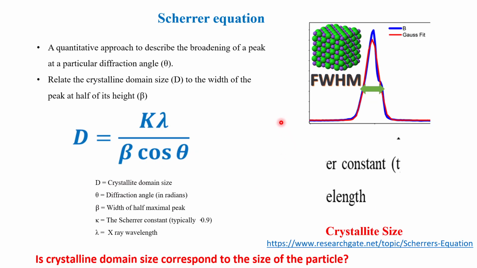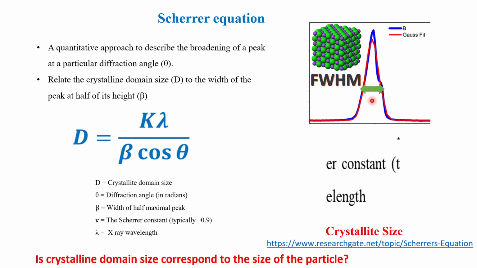This is the Scherrer equation, which is a quantitative approach to describe the broadening of the peak at a particular diffraction angle. It relates the crystalline domain size to the width of the peak at half of its height, which is denoted by beta.